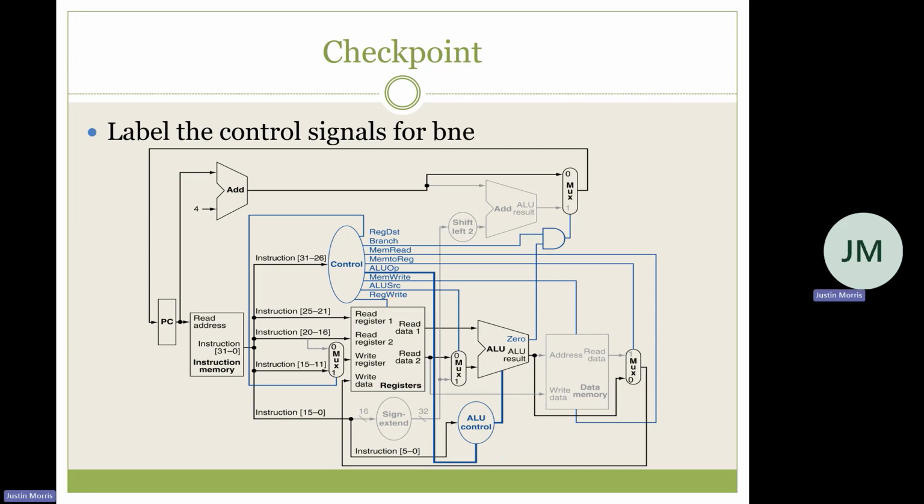All right, so now for branch. What's my destination register? Yep. Branch is mem read. Does it need to be 0? Yep. Mem to reg.